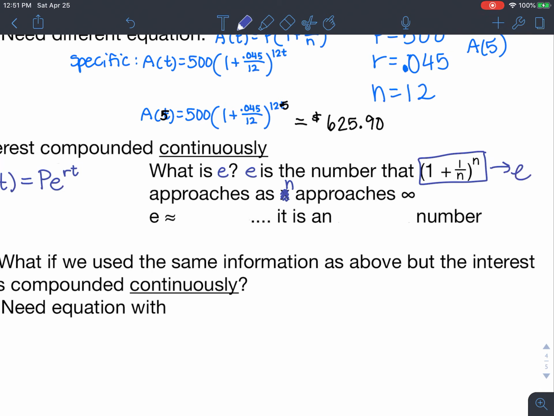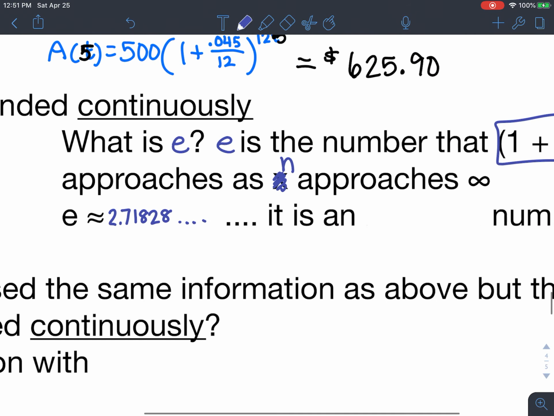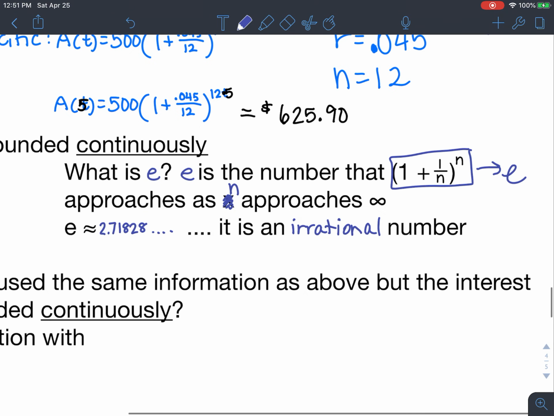Now, it approaches a number. Later, they called it e, but the e number equals 2.71828. Now, this is an irrational number, sort of like pi, in that it goes on forever with no pattern.